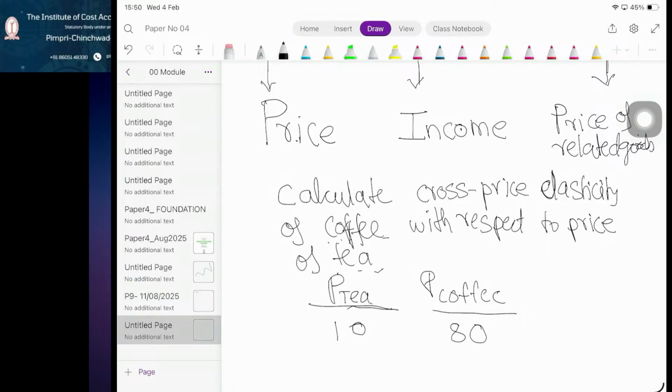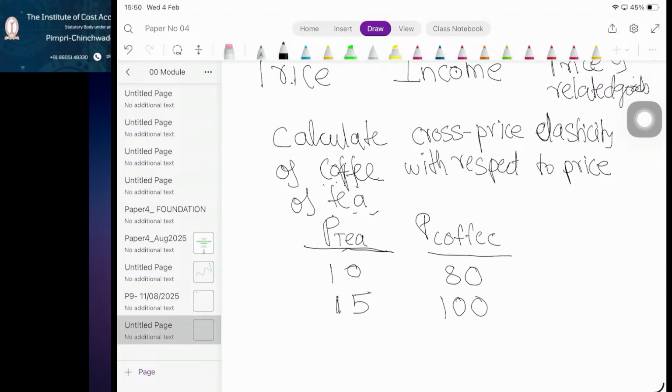If the price of tea goes from 10 rupees to 15 rupees, okay, tea becomes costlier and people buy more coffee, as a result of which they are buying, let us say, 100 units of coffee.